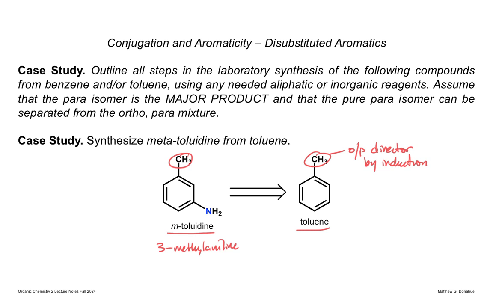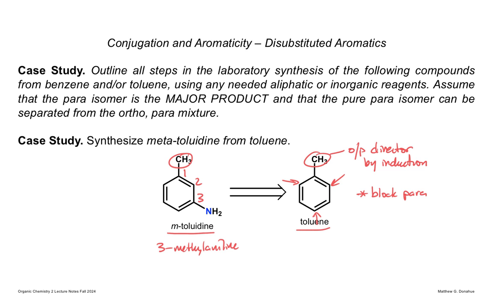So the problem is, just as a substituent, it's going to direct ortho or para, but overall we need the meta-substituted pattern. What that's going to necessitate is we have to block para, because we already said the ortho-para director will go para first.